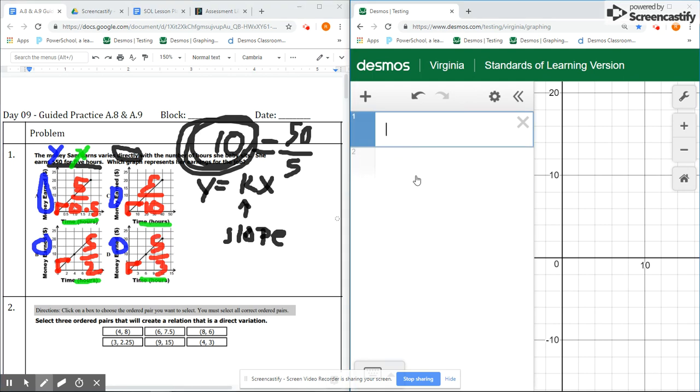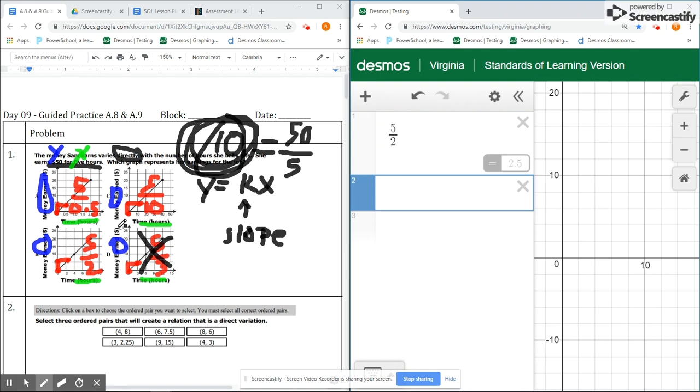All right, so if we try to find the slope, this one right here, 5 over 3, is 1.67. That is not the same as 10. If we try letter B, we'll have 5 over 2, 2.5. That is not the same as 10. We try letter C, we have 5 over 10, 0.5. That's not the same slope.